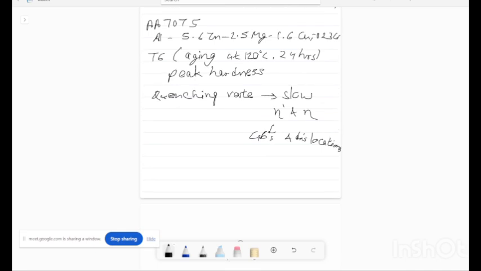Due to the slow quenching rate, the number of vacancies will also be low. So that's why GP zones will form homogeneously at lower temperature, such as 100 degrees Celsius.